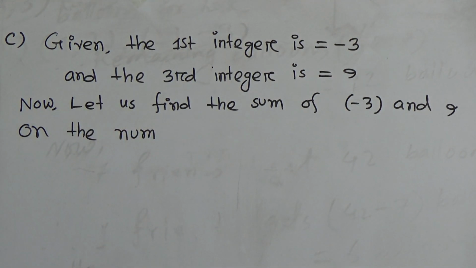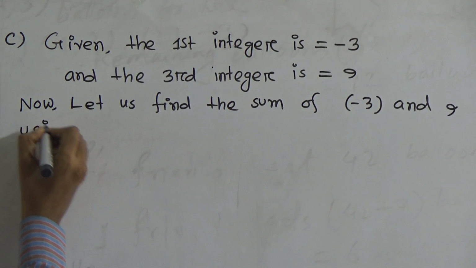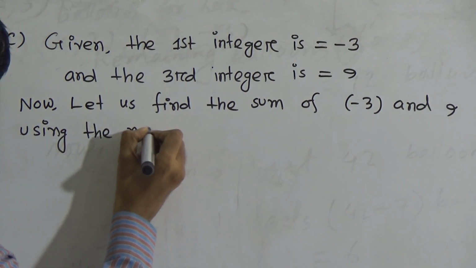Look, let us find the sum of minus 3 and 9 using the number line.